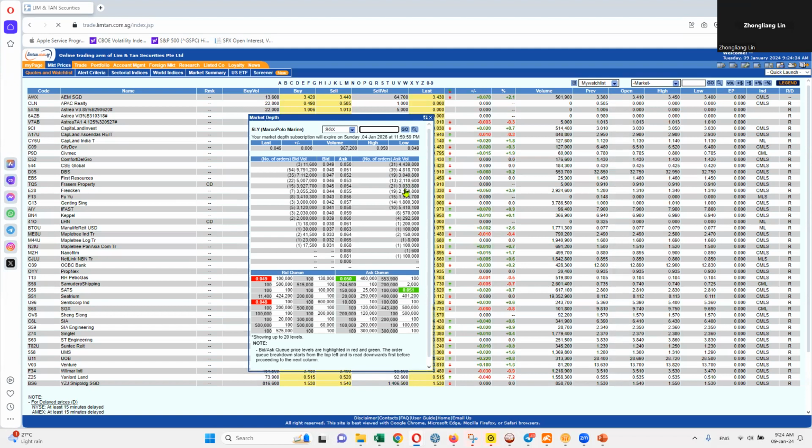Sometimes you find that the stock keeps topping up, but these numbers never reduce, in fact increase, meaning the accumulation is not done yet. So there are probably a lot more to be bought. So these queues over here are just trying to block the share price from going up.